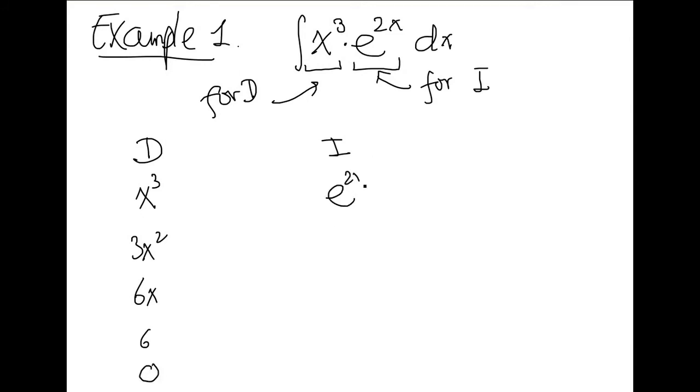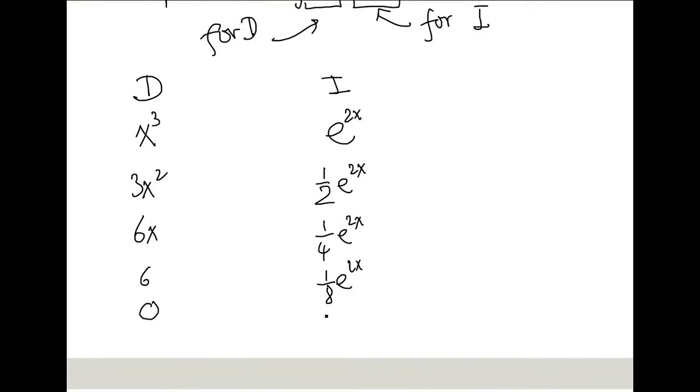Now for integral, we have e to the 2x. We integrate, we have a half e to the 2x. Integrate again, it's going to be a quarter e to the 2x. And then 1/8 e to the 2x. And lastly, 1/16 e to the 2x.